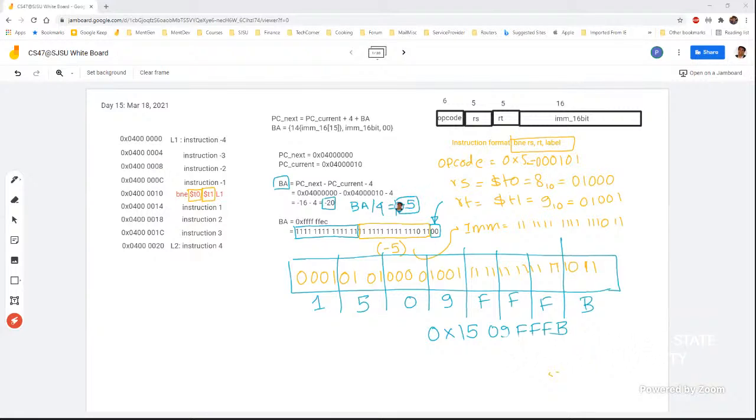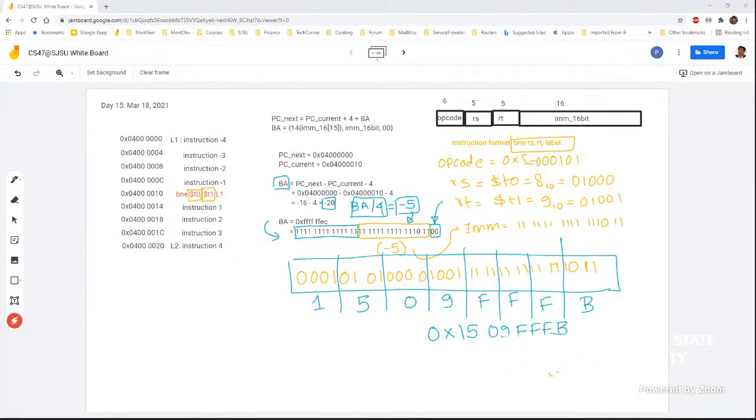So instead of doing this bit pattern expansion and calculation, you can simply divide by 4, and make this a 16-bit 2's complement of -5.